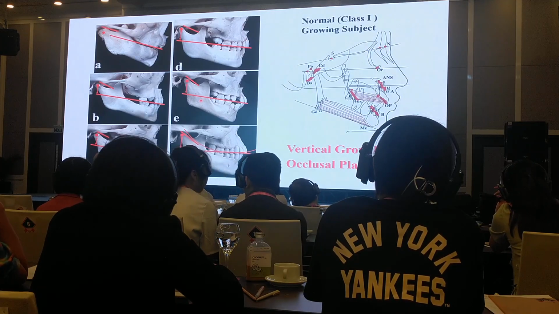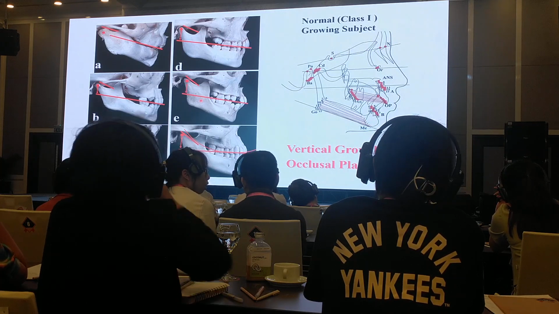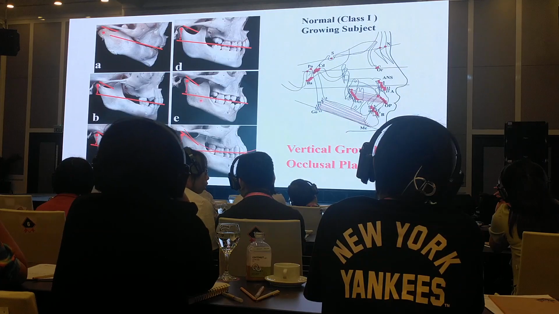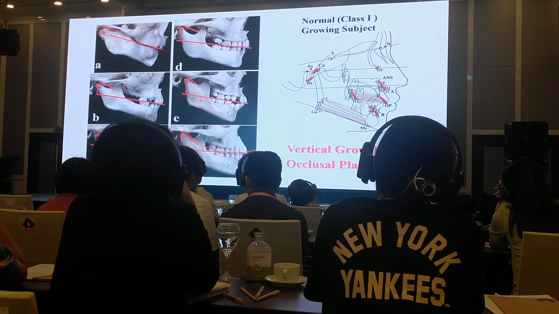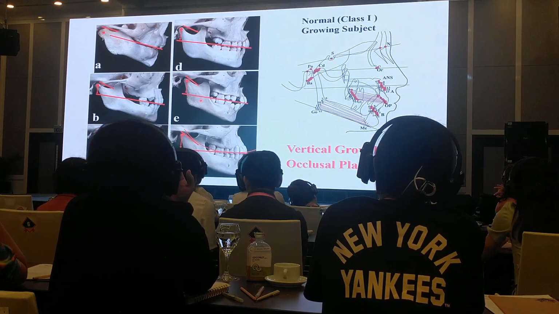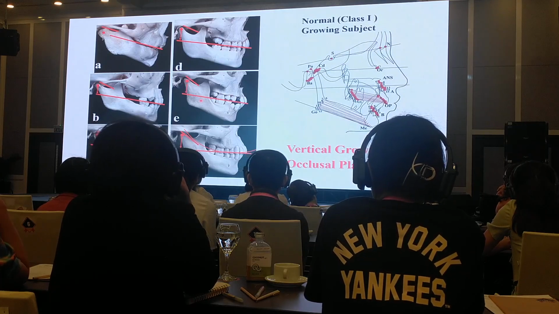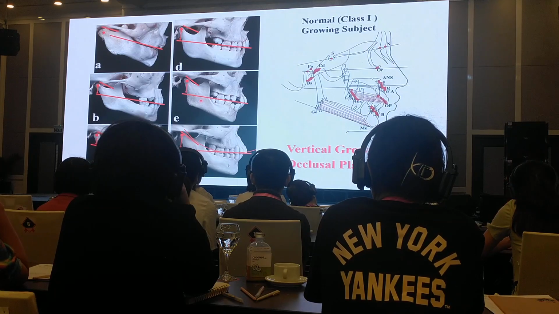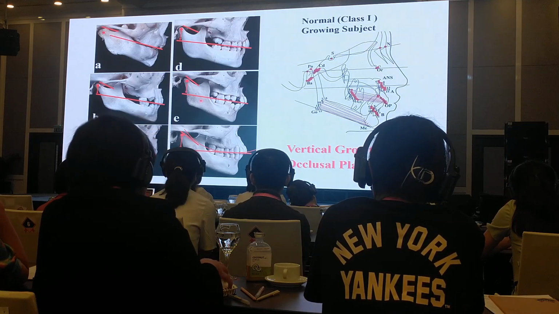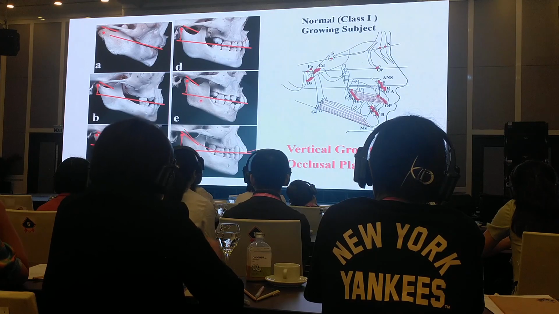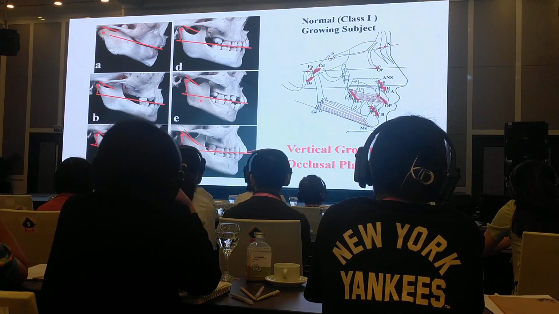Then, okay, what is the occlusion support? They finally arrived at canine guidance and so-called organic occlusion. This is a very nice idea, organic occlusion. In other words, mutually protected occlusion.